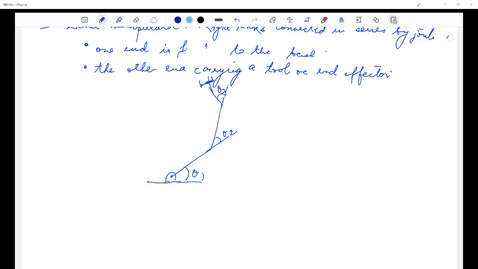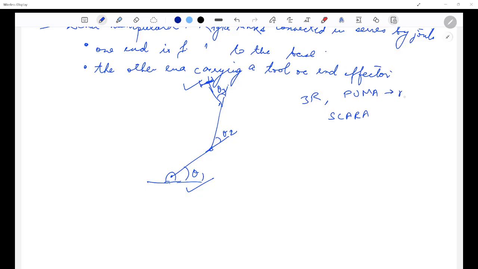So each joint here allows relative motion between links, and motion does propagate from base to the end effector by tweaking the joint variables. Examples are robotic arms. If you have gone through the lecture, you might have seen that there are 3R planar robots. There is Puma, there is Scara robot, right?